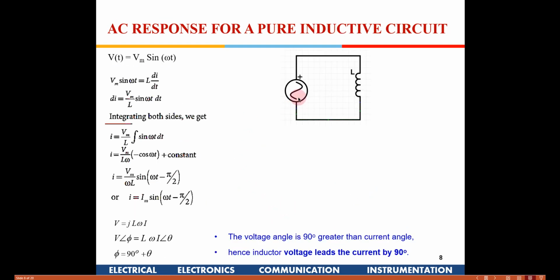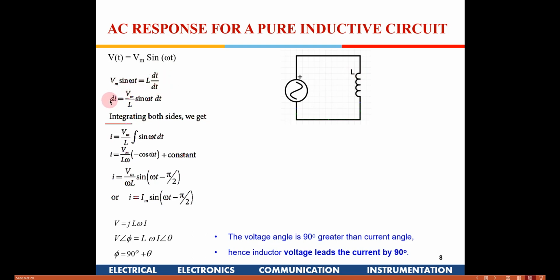Now instead of a resistor, we connect an inductor and see what difference it is going to make. Whatever voltage we have applied is Vm sin omega t. Now Vm sin omega t is equal to L di by dt. Okay, that is the equation for the voltage across an inductor.